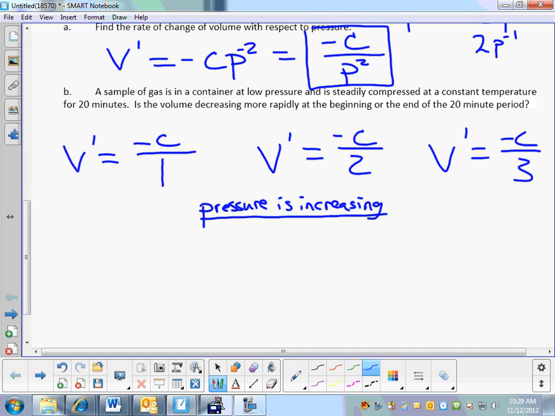So it's going to be the rate at which the volume is decreasing, right? Because it's negative. It's happening more rapidly here. It's happening less rapidly here because you're dividing by a bigger number. So that result is going to be closer and closer to 1. It's decreasing more rapidly where? At the beginning or the end? Yes.